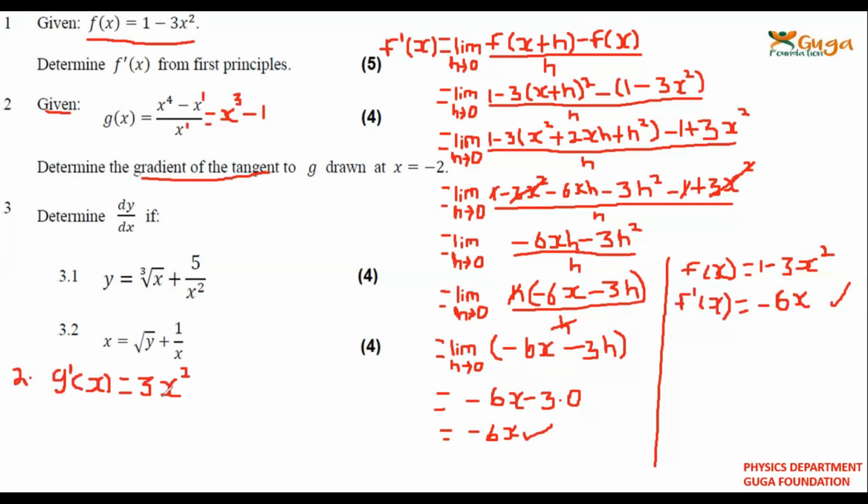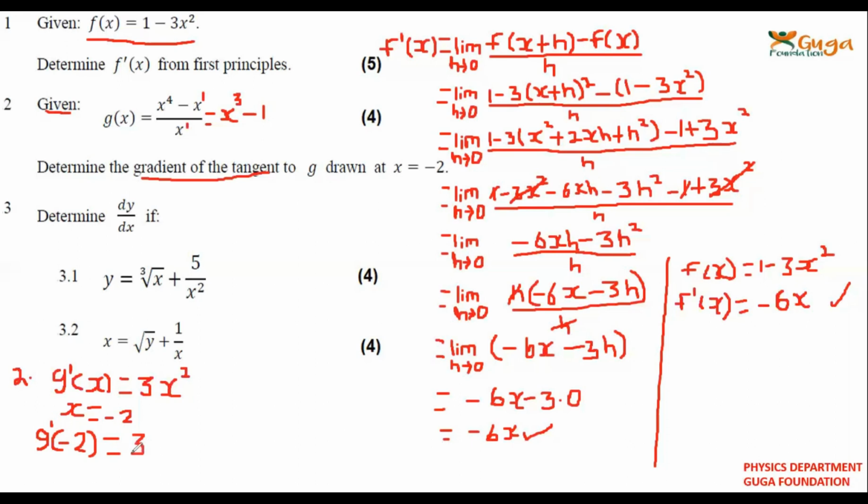Yeah, so we got this. From here we were told that at x equals -2, we will have g prime of -2, which is equal to 3.